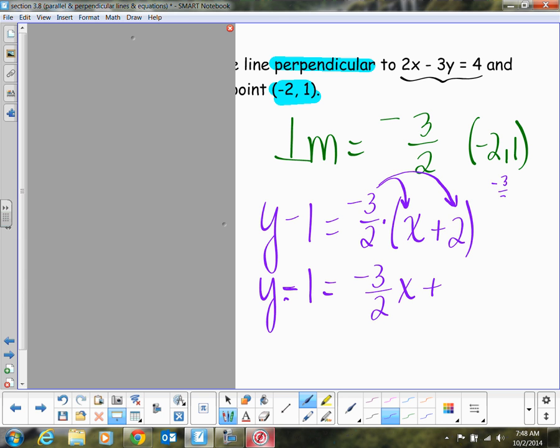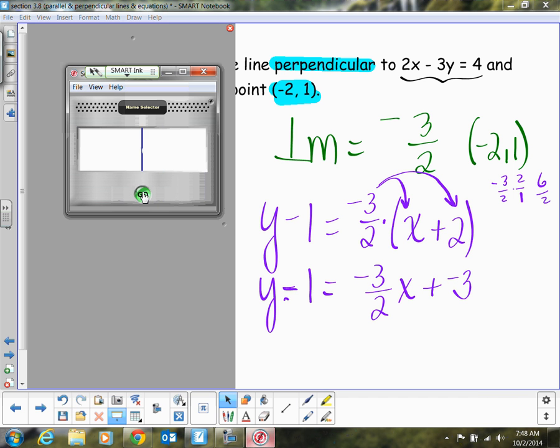So negative 3/2 times 2 over 1 is what? What's 3 times 2? Right, and 6 over 2 is? Right, and that's going to be a negative, right? All right, so now that we're that far, now what can we do, Nick?